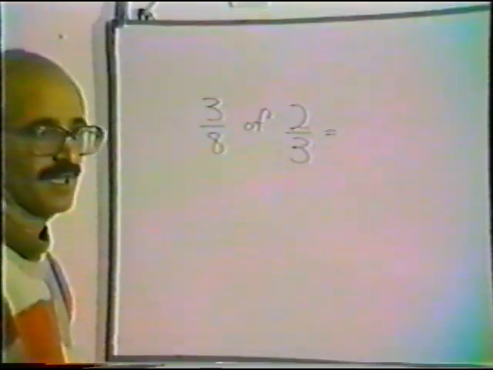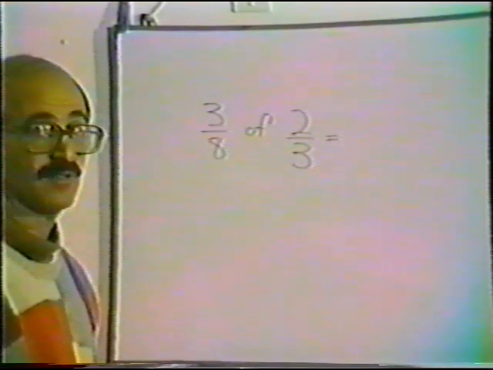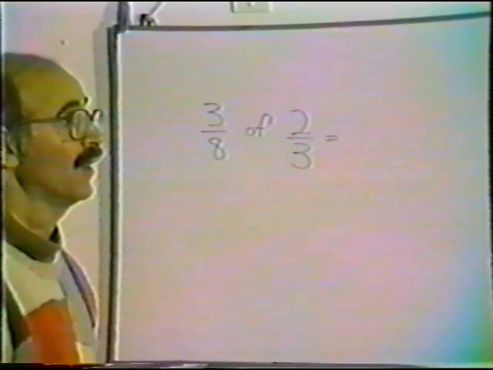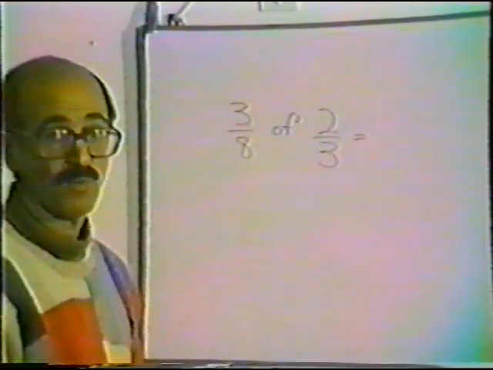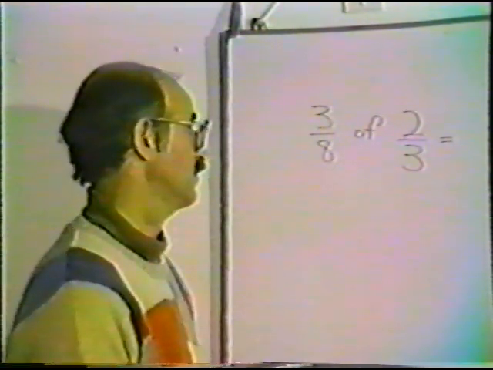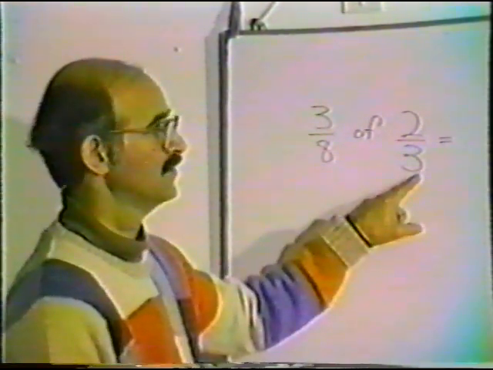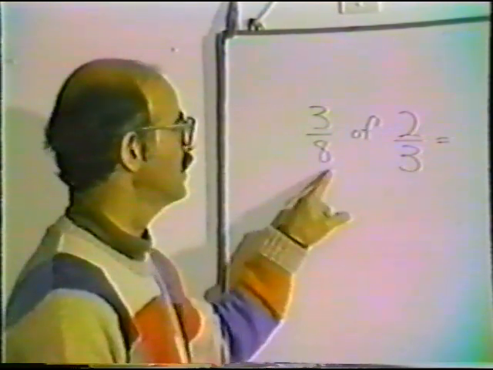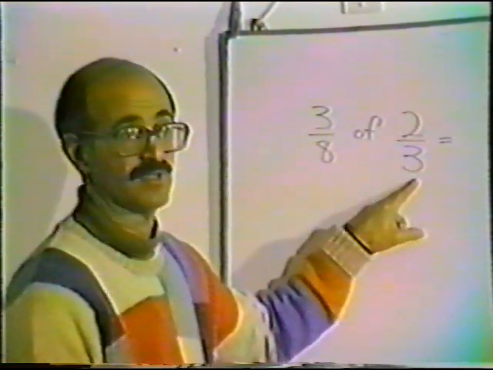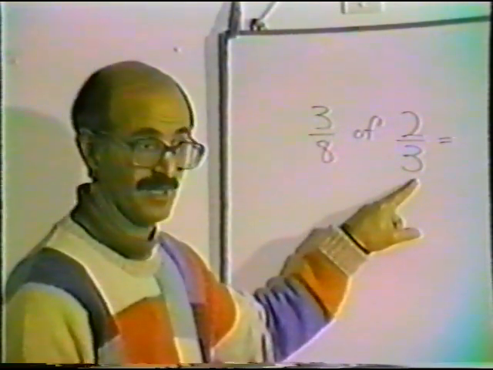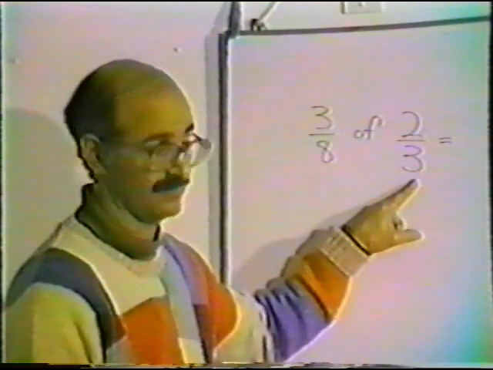This will tell us what fractional part of the group were girls with red sweaters. 2/3 were girls. 3/8 of the 2/3 had red sweaters.